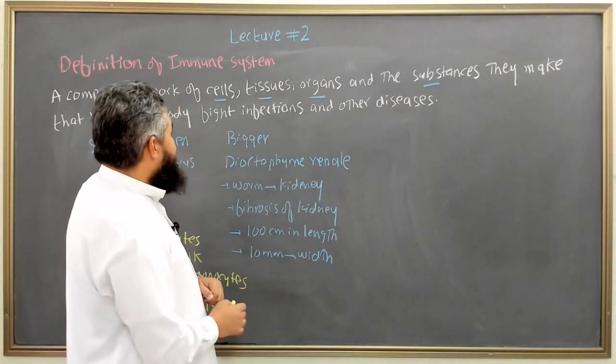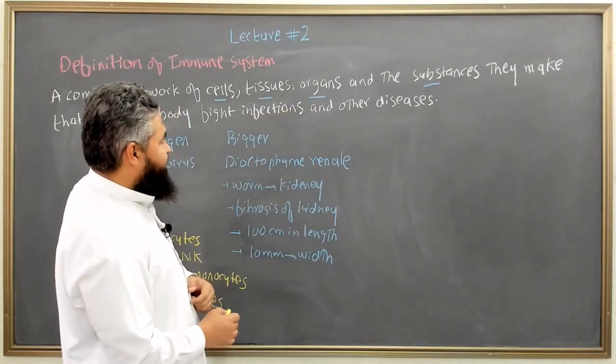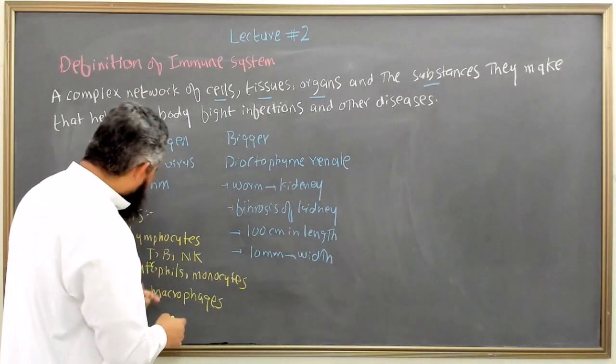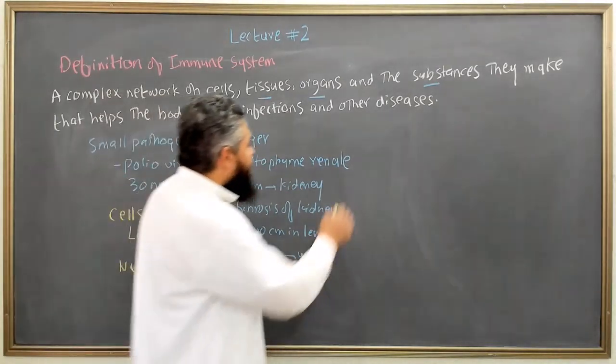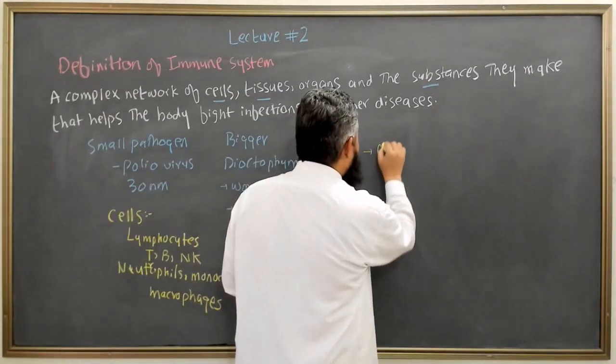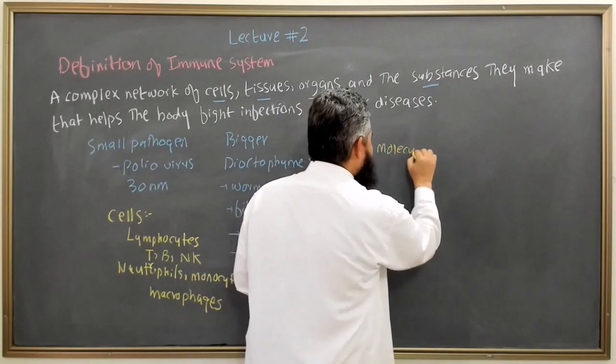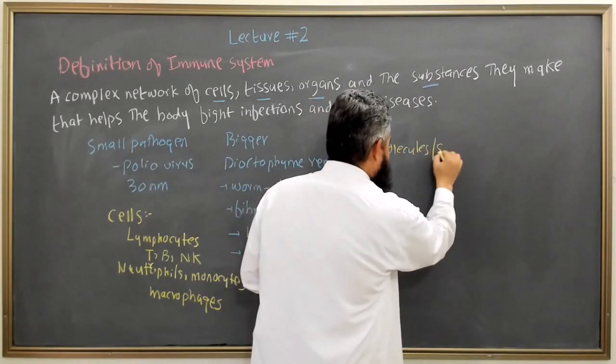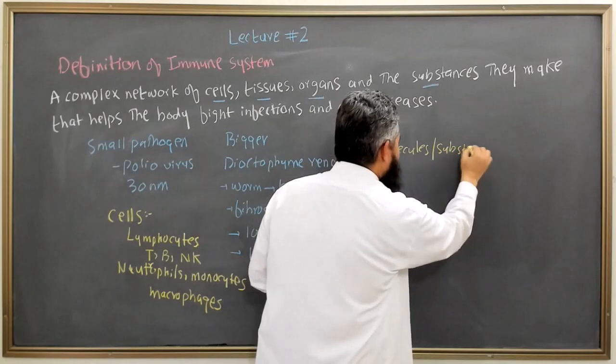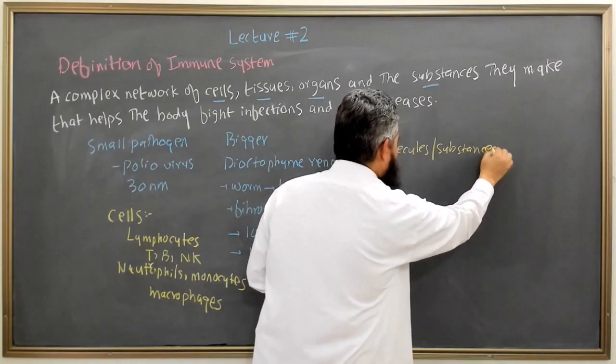If you talk about the substances, for example, what kind of molecules are involved in the immune system, these are the molecules or substances which are produced by these cells, organs, and tissues.